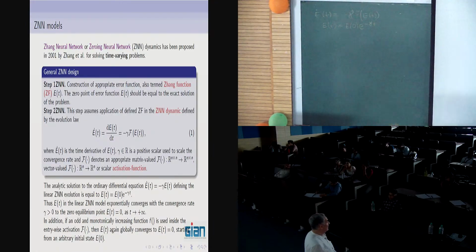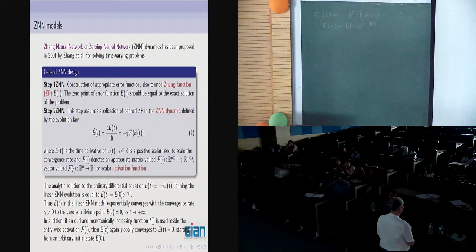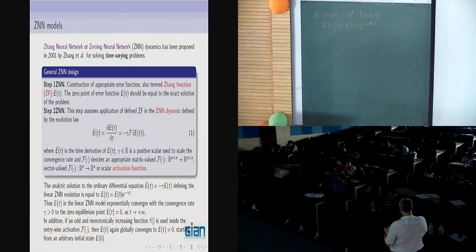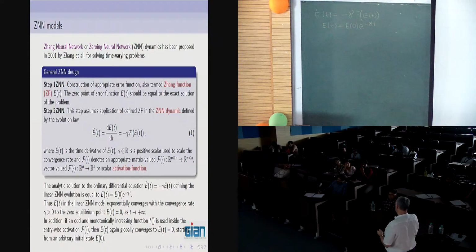We want E of t forced to 0, because we define E of t such that the zero of E of t is the solution of our problem. Because of that, such neural networks are called zeroing neural networks.